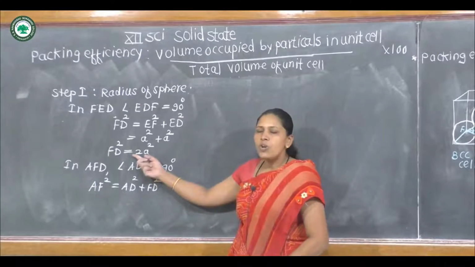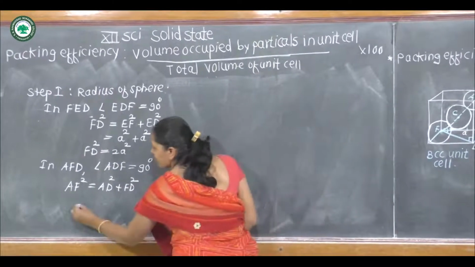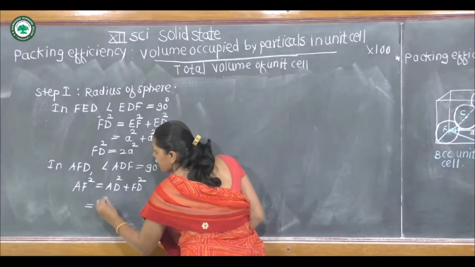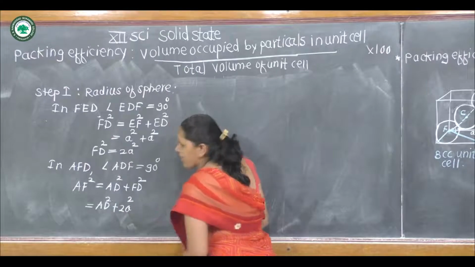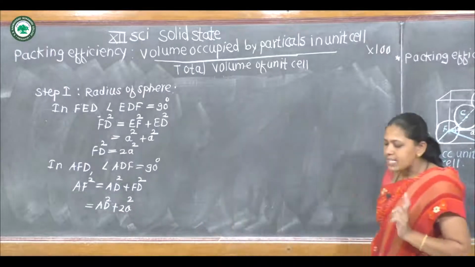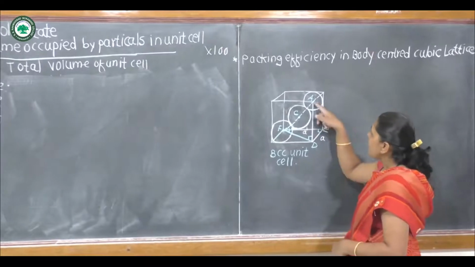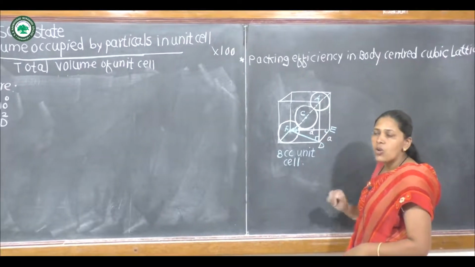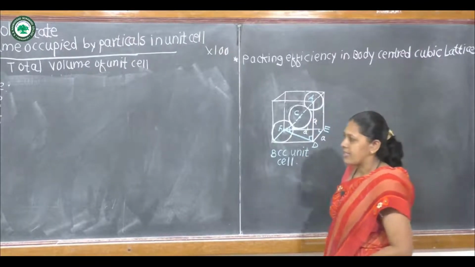Then we know the value of FD square is equal to twice a square. By observing this diagram, AD is also the unit cell edge length, that is small a.